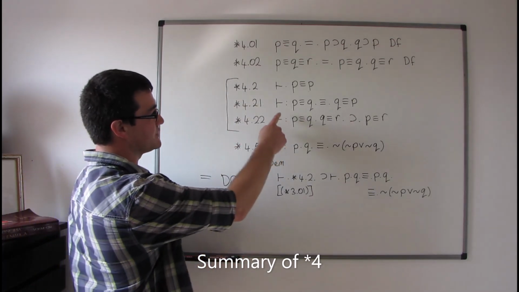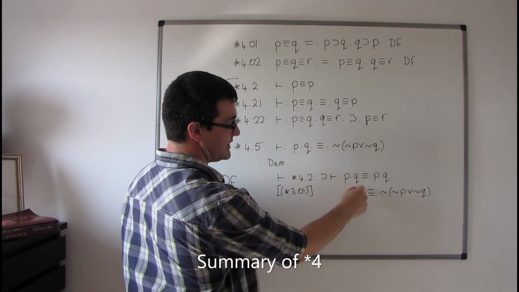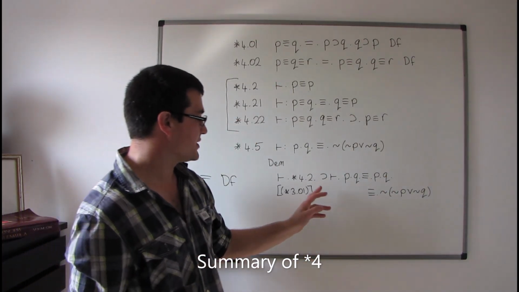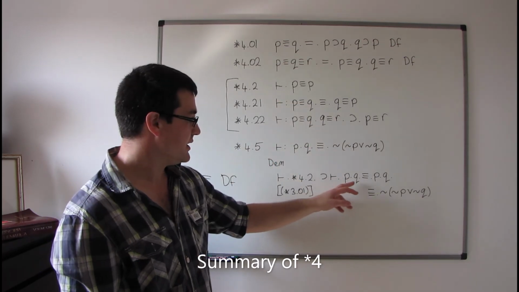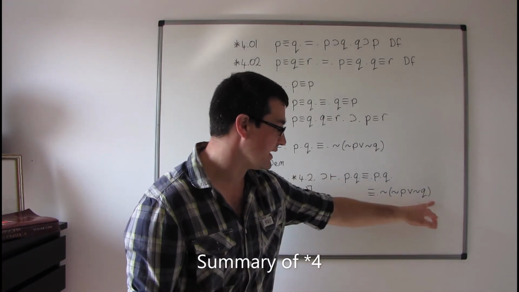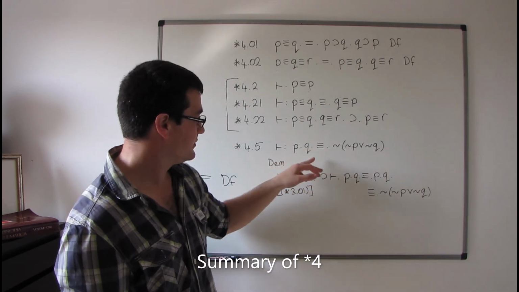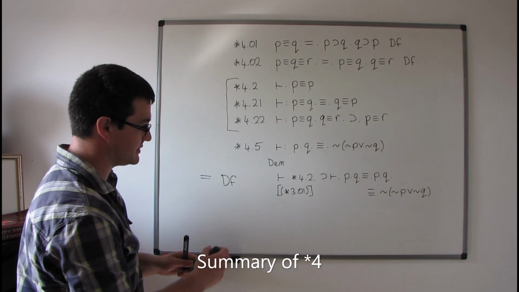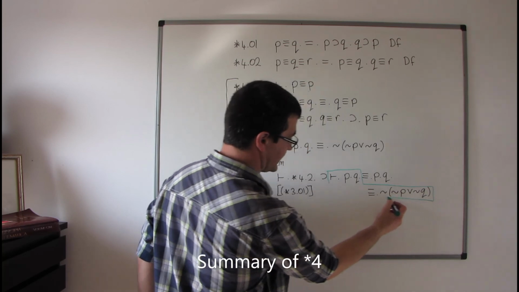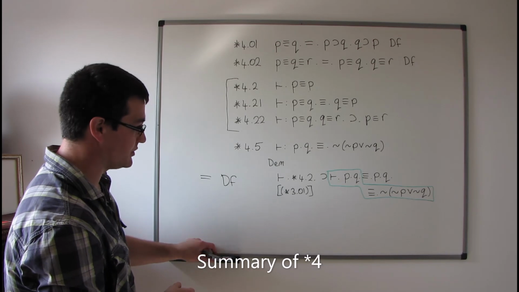What we do is apply 4.2 to assert, in this case, P.Q is equivalent to P.Q, because this says that P is equivalent to P. So I just replace the P with P.Q, and then I apply definition 3.01 to the right hand side of this, and I come out with the proposition that I want proved, bearing in mind that all of this I read as a single line. All of that, and that's the proposition that I wanted to prove.